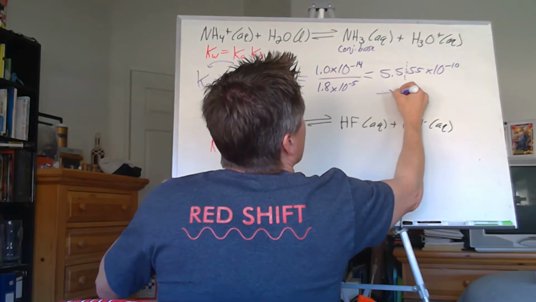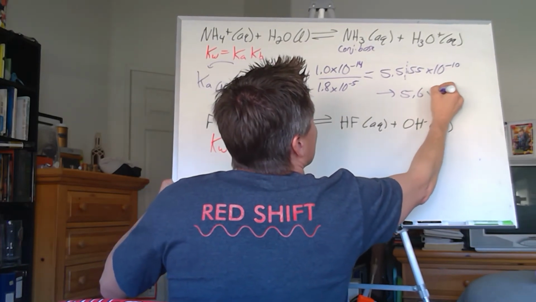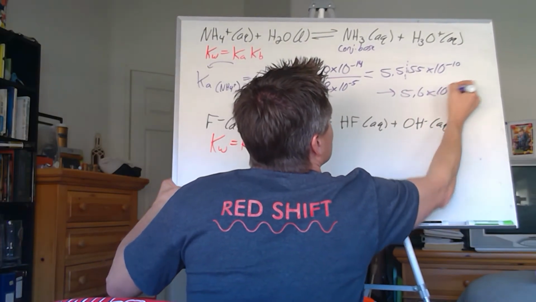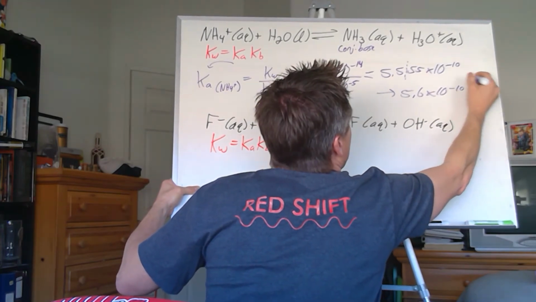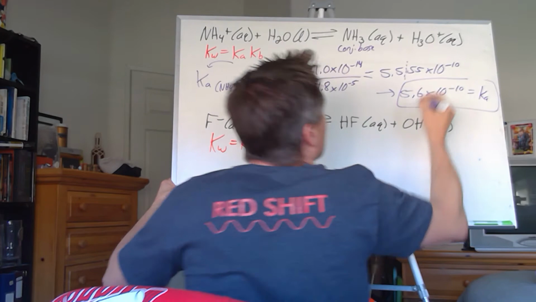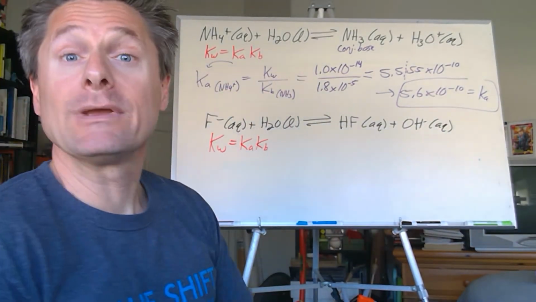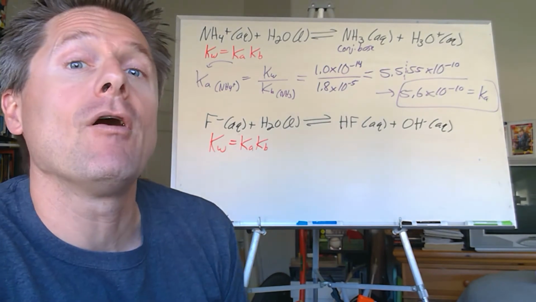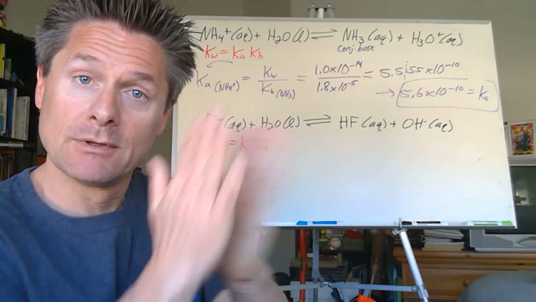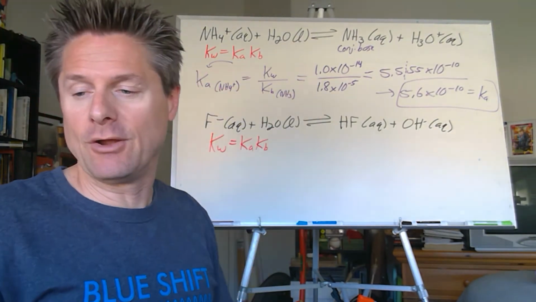And if we rounded that, we would get 5.6 times 10 to the minus 10. So that's the Ka for the ammonium ion. So again, that's how you figure out Ka values for something that's not on the Ka table. Yay! Very easy to do.